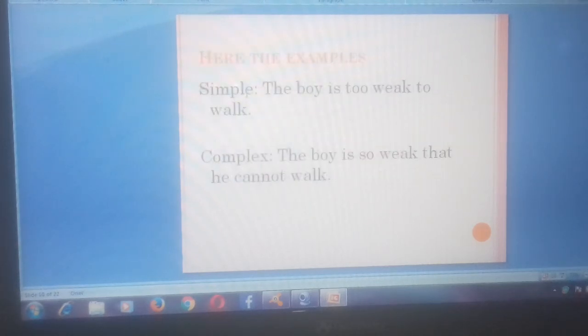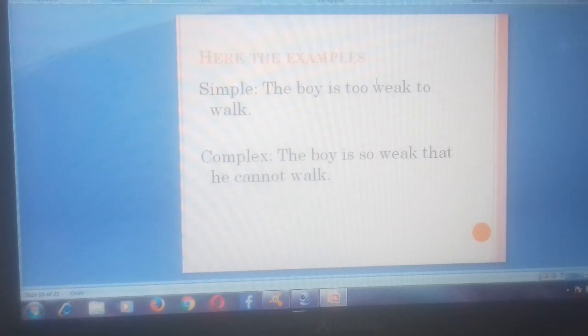Now if we study the examples, the clues will be given. The clues will be clarified. Suppose in simple sentence, we find the boy is too weak to walk. And its complex form will be, the boy is so weak that he cannot walk.